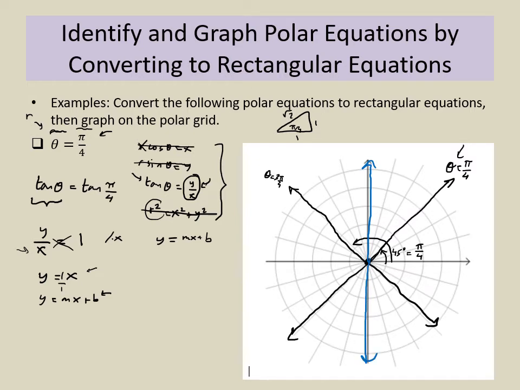Well, that's the line theta equals pi over 2. Very easy. So the equation theta equals an angle is just the line where that angle is. So that's one of the advantages of just graphing things in polar coordinates. This equation is very easy, and any equation in that format is very easy to graph in polar coordinates.